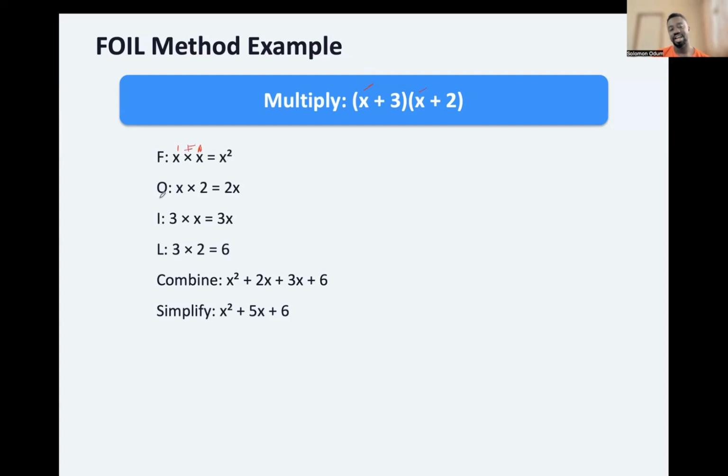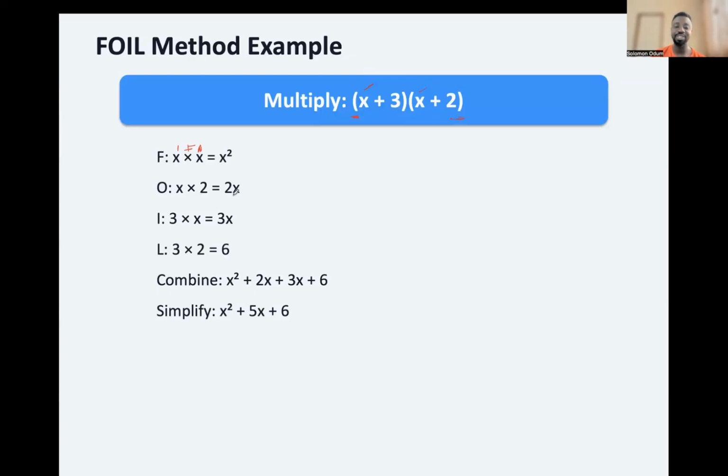Now the outer: the outer terms of the whole expression. So multiply x by 6, so you're going to have 6x.